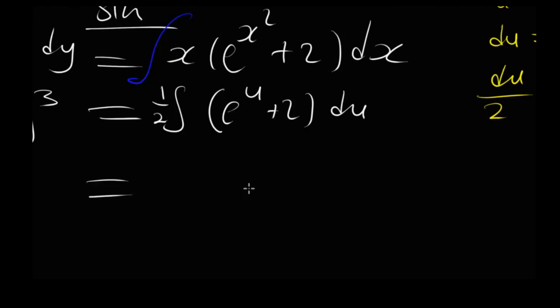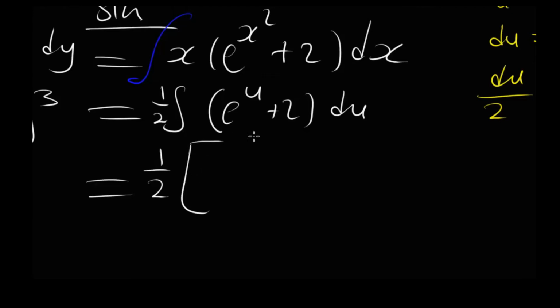Now you can integrate easily here, because the integration of e to the x is just e to the x, right? Because if you differentiate e to the x, it will give you e to the x. So it's the same thing. Integration is the reverse of differentiation.